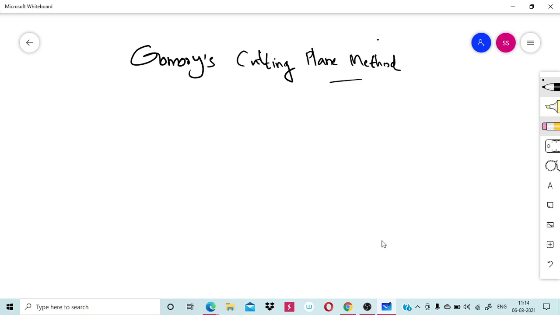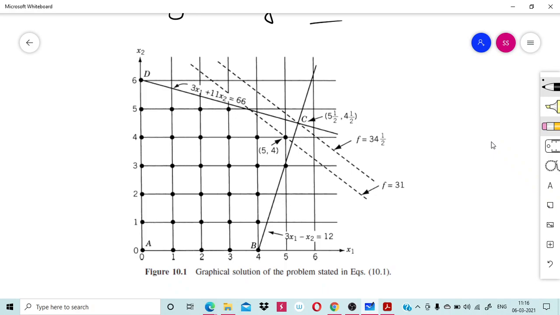Let me consider the graphical solution, the feasible region, in two variables x1 and x2.